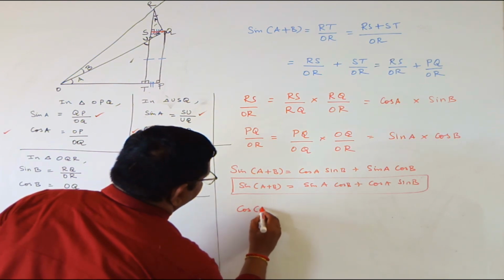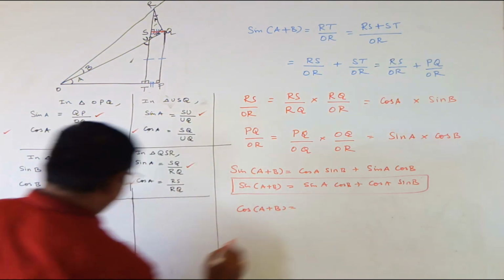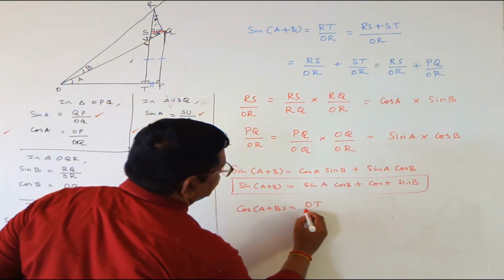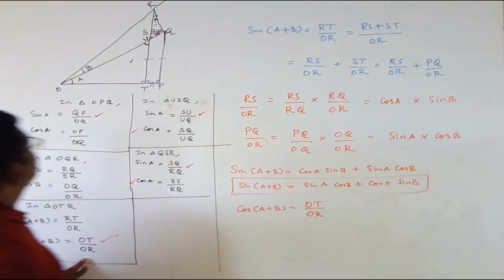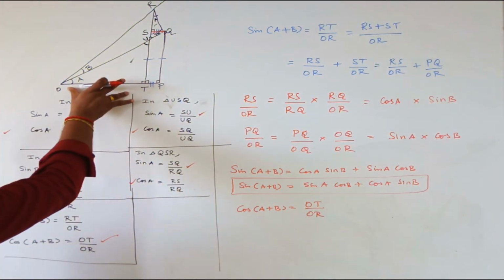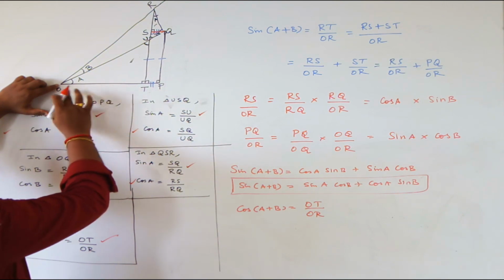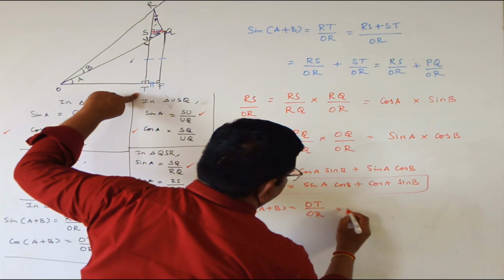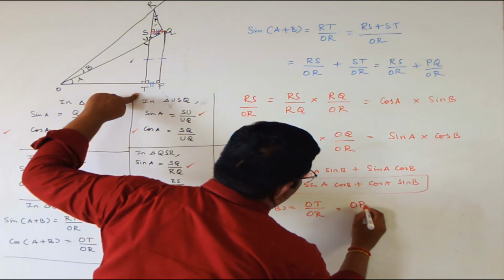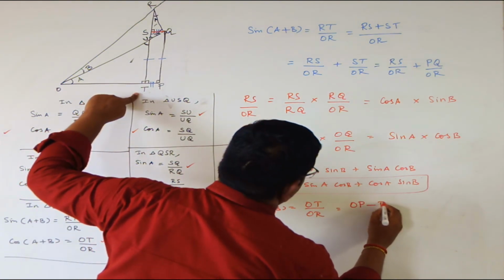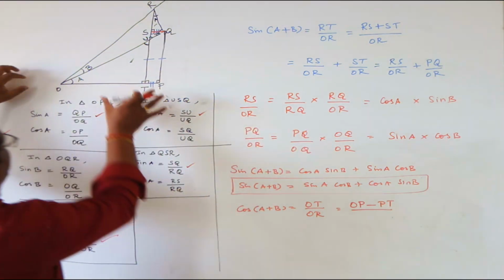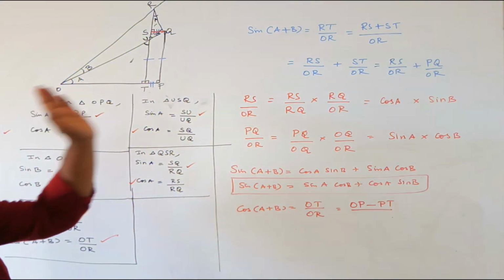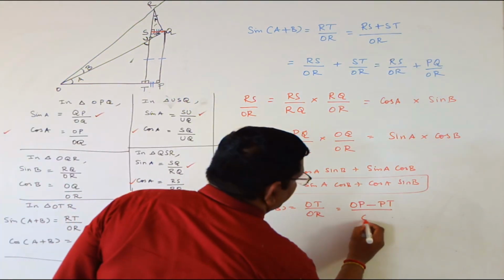Cos of A plus B is nothing but, already we got the result, OT by OR. So if you want to get OT, I have taken this OT as O to P and P to T. Check it. I can write this as OP minus PT, because I am taking the total distance OP and then from that I subtract the PT value, all divided by OR.